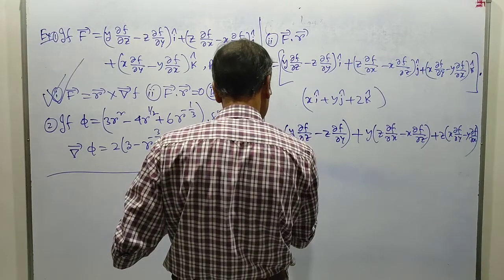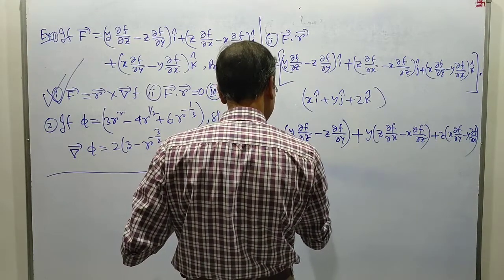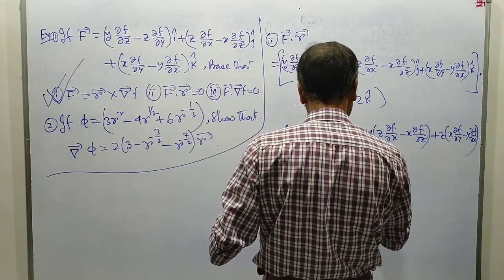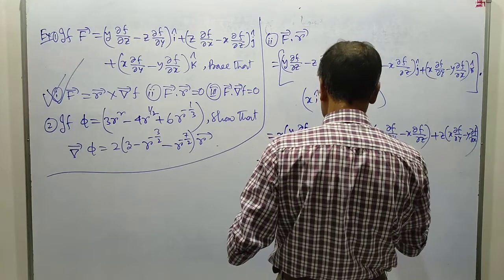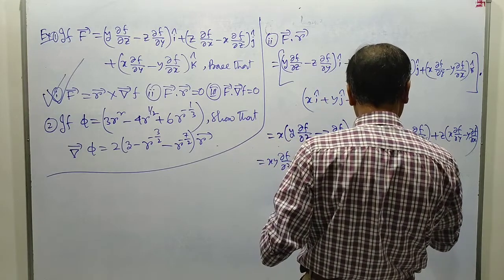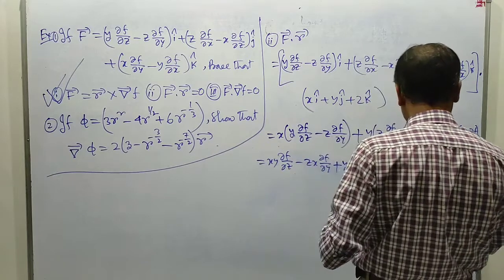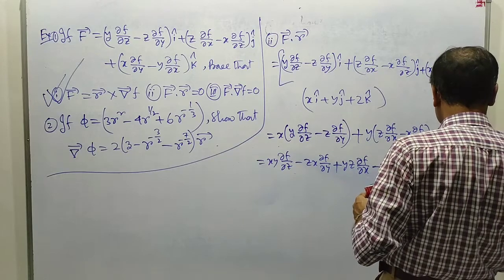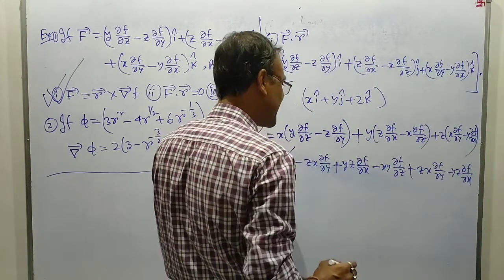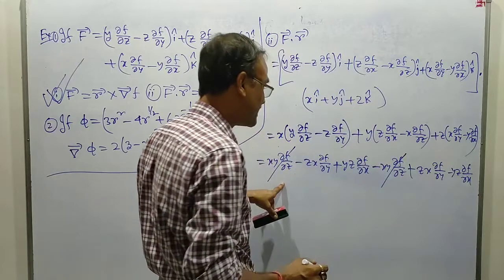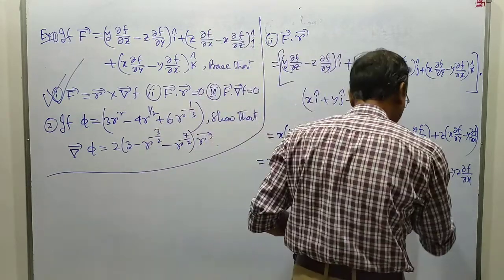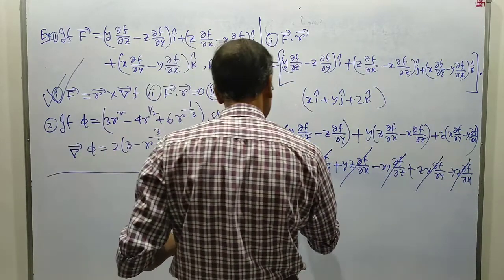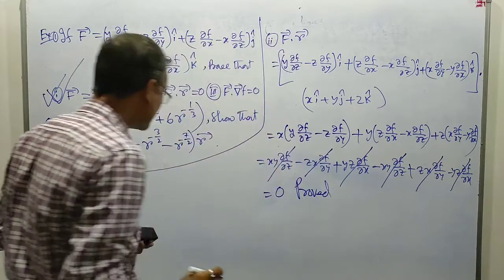This is equal to xy ∂f/∂z minus zx ∂f/∂y plus yz ∂f/∂x minus xy ∂f/∂z plus zx ∂f/∂y minus yz ∂f/∂x. The terms cancel. This is equal to 0. Proved. It is very simple. Proved.